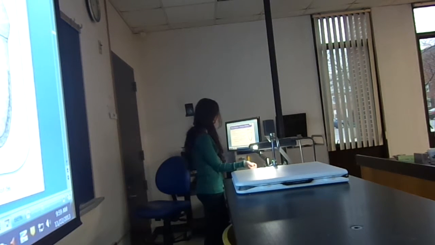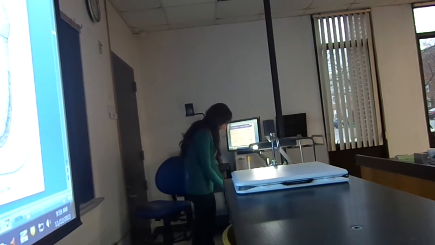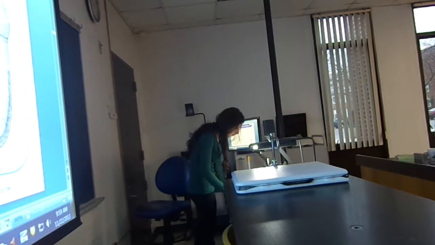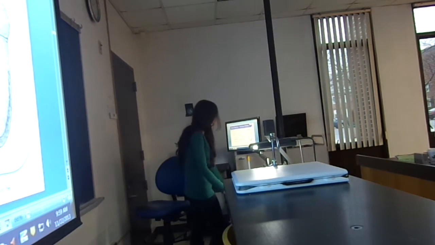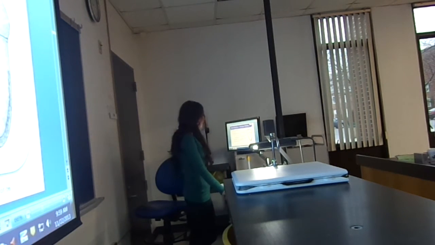The distal marginal groove is shorter than the mesial marginal groove. It is located lingual to the center of the tooth. And the distal marginal ridge is usually more cervically located than the mesial marginal ridge.